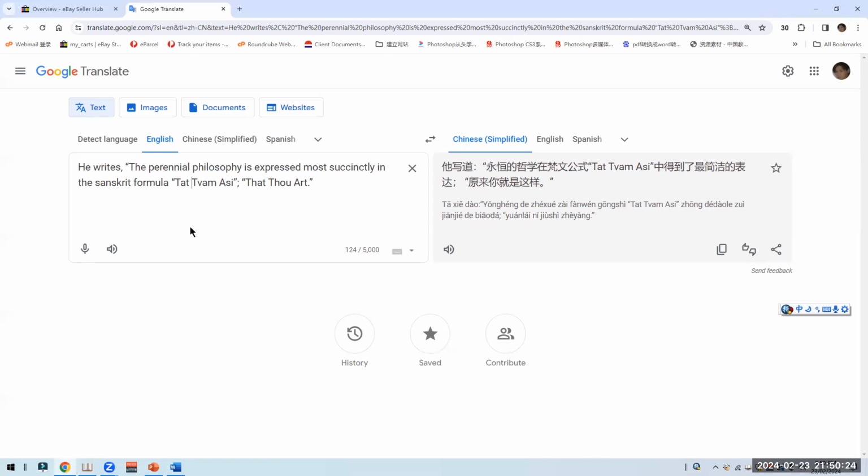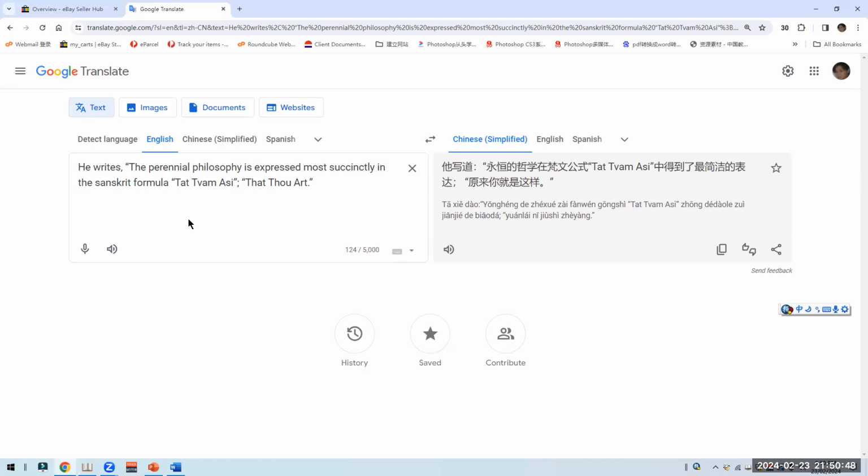Thou art. Yes. He writes the perennial philosophy is expressed most succinctly in the Sanskrit formula tat tvam asi, that thou art. Okay. Exactly. Yes.